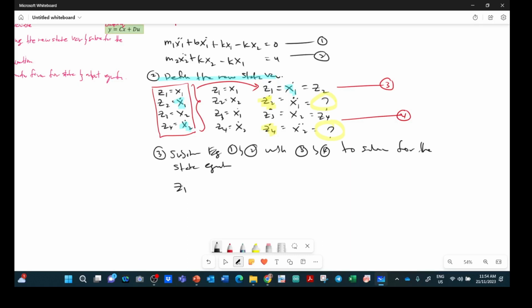So Z1 dot, the order is Z2 dot. Where can you get this? Z2 dot is x1 double dot, right? So it will be based on the first equation. Try to get that equation.